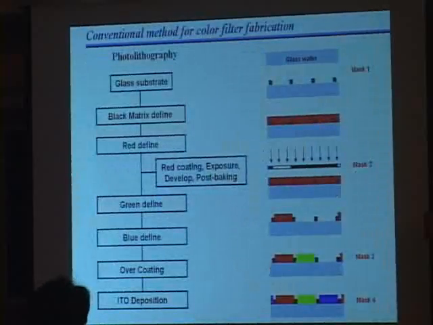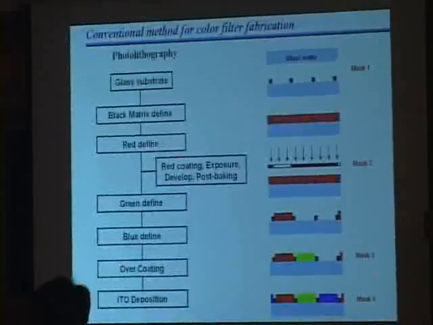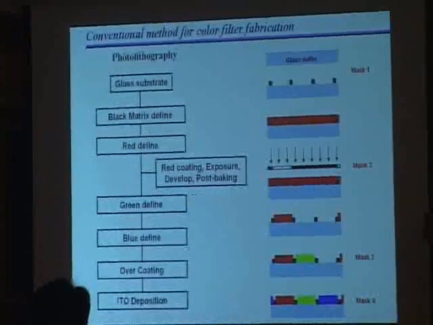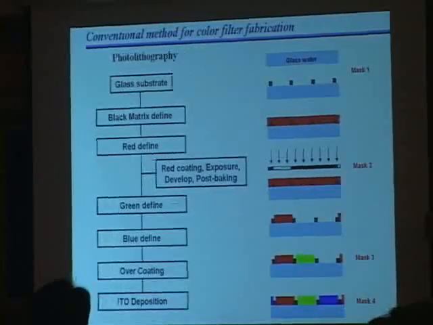As you know, in order to fabricate black matrix patterns and color filters, photolithography is widely used. Basically, there are 4 masks necessary to complete the full step. And each photolithography step consists of several procedures, such as coating, UV exposure, developing, and post-baking.